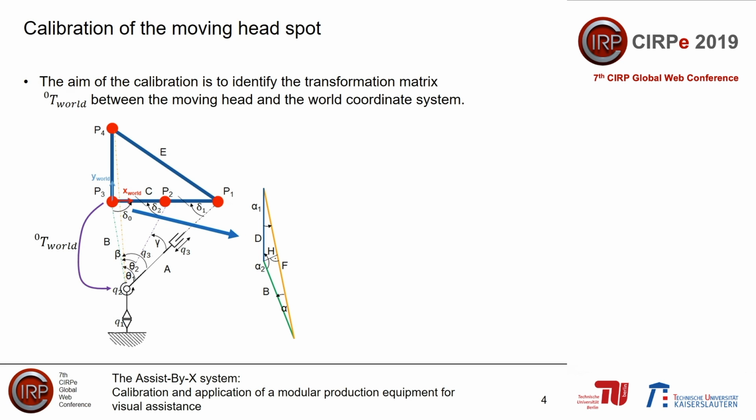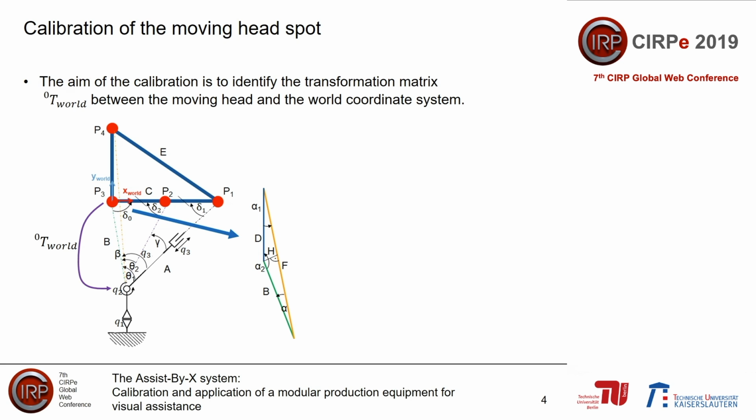The points P1 and P2 are lying on the x-axis of the world coordinate system, while P4 lies on the y-axis and P3 lies on the origin. The distances between the points are known. The position of each point P1, P3, and P4 with respect to the moving head coordinate system is calculated after determining the lengths A, B, and F.